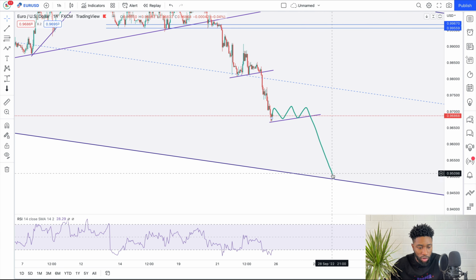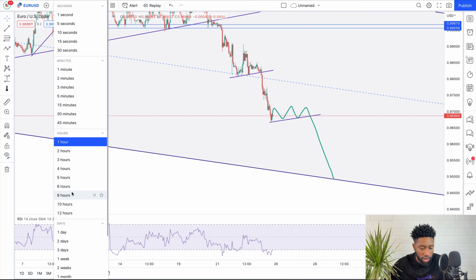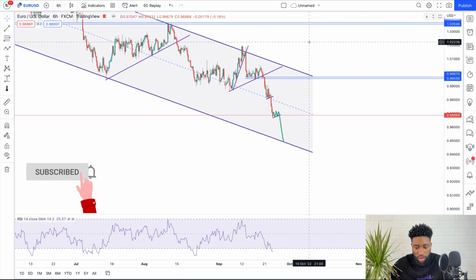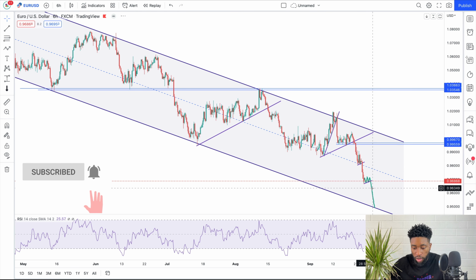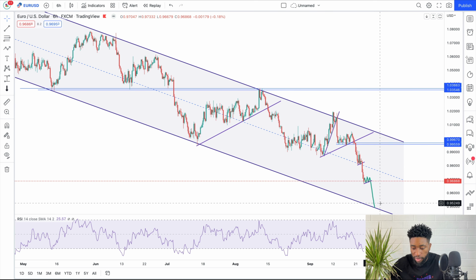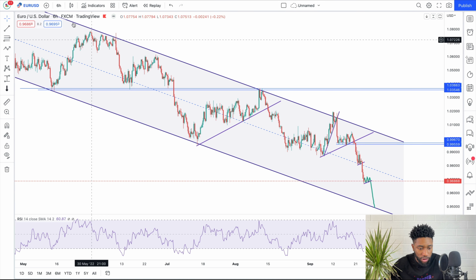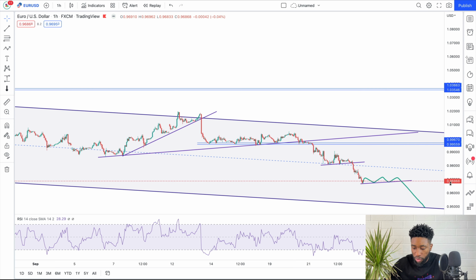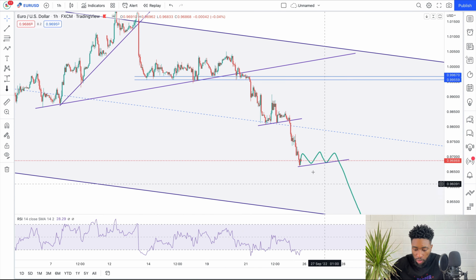I'm going to target the bottom of this channel we have in the higher time frame, like the 6 hours time frame, for example. So I'm going to watch out for this in order for me to set my profit target. The reason I also wait for confirmation or consolidations like this is because it gives me a better risk to reward ratio. If we get a consolidation like this and a breakout, then I can easily put my stop loss above the consolidation.